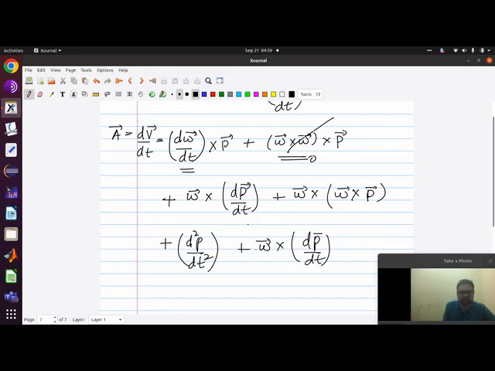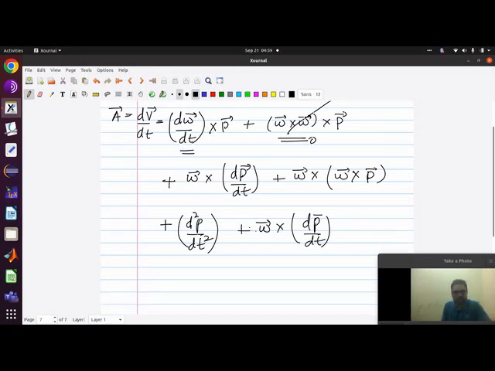Now this will go to 0, omega plus omega is 0, and then you have two of these terms, and so now you will have a total of 4 terms.